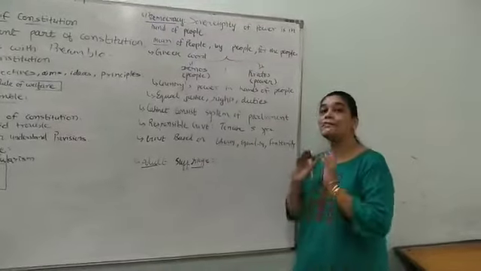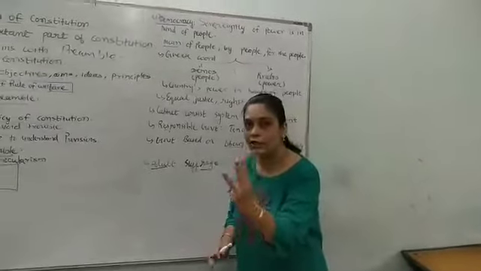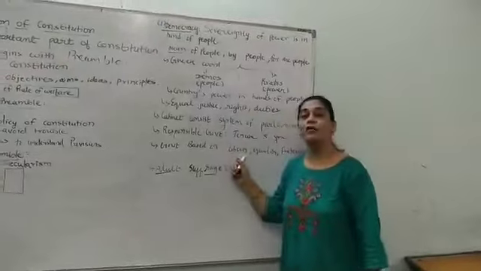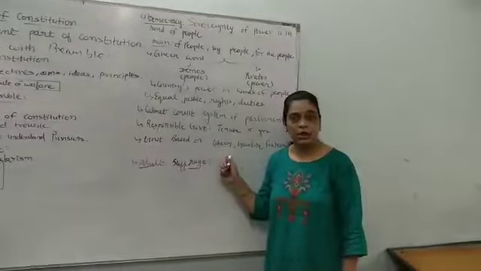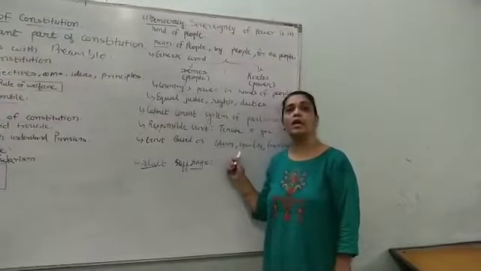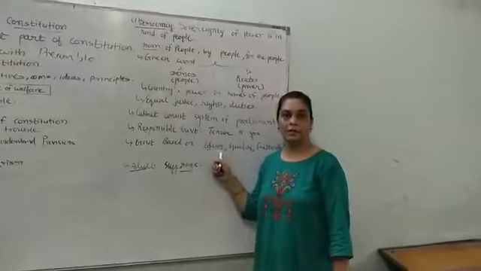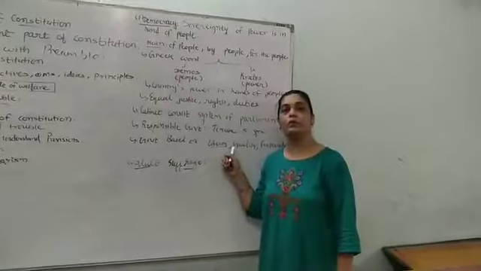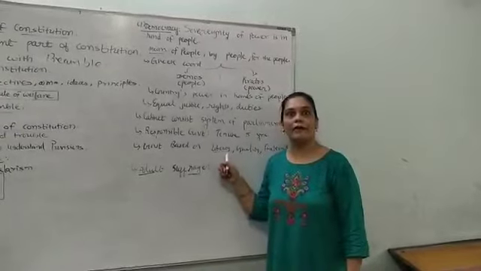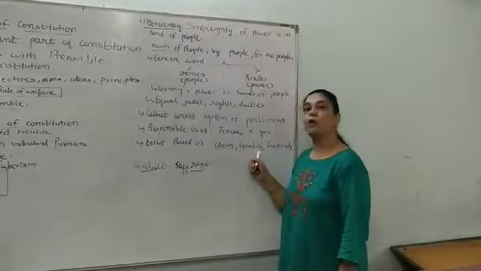So here the government is based on 3 points. Our government is made on 3 main qualities, which are already mentioned in our constitution as well as the preamble, and that is liberty. All have the right to live their life with liberty. Then equality.